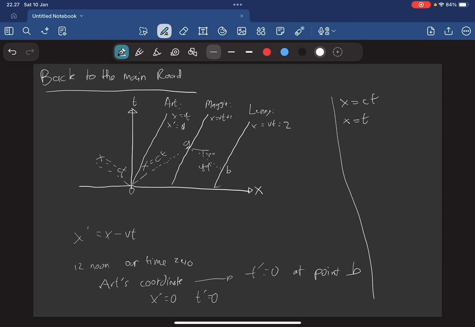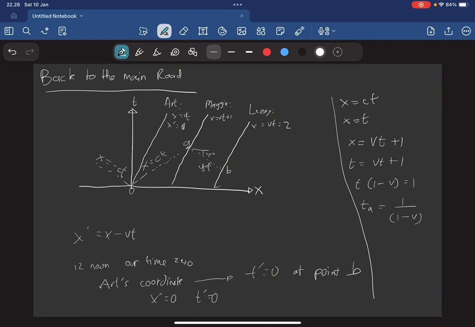Substituting this equation into Maggie's world line, which is x equals vt plus 1, gives t equals vt plus 1, or t times (1 minus v) equals 1, or even better, we call it t_A equals 1 divided by (1 minus v).